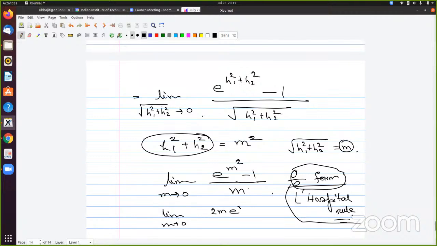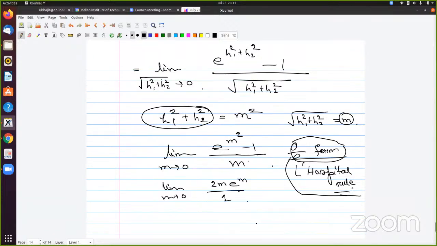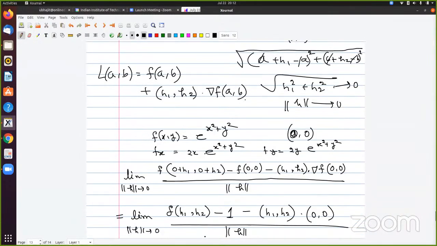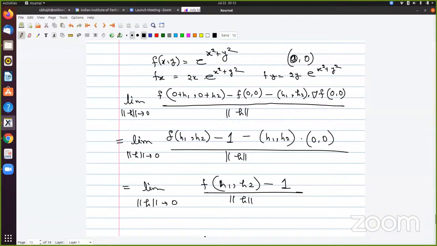So 2m by 1. Correct? Now can we put the limit? What do we get? Is it clear to everyone? Anyone has a doubt here in this question? Okay. So this is how we have to check the differentiability of a function.